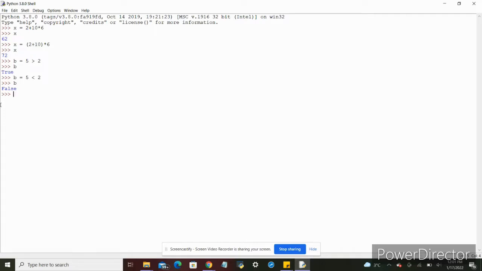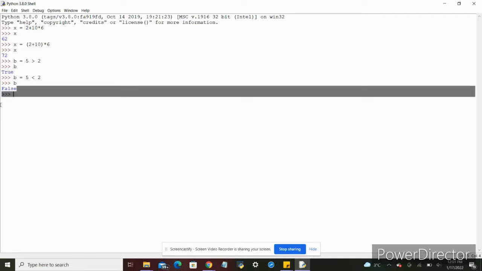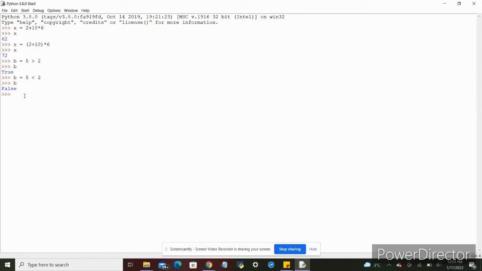Now, the other comparison operators are greater than or equal to, less than or equal to, and the equal to. Don't confuse the equal to symbol with the single equals symbol. They're not quite the same things.